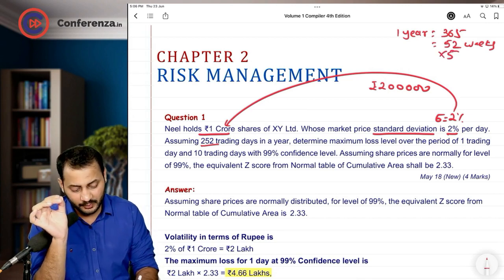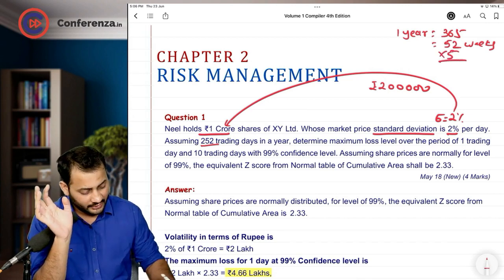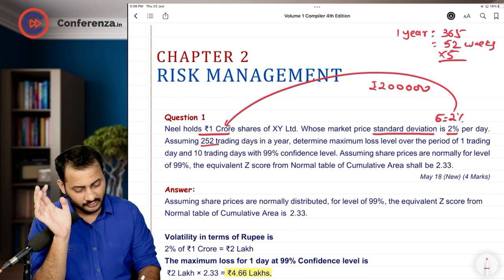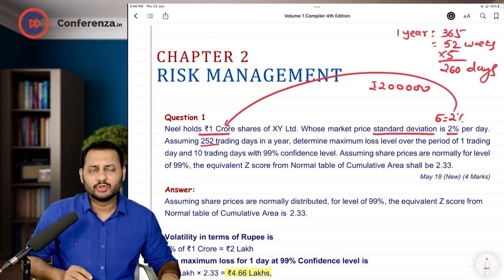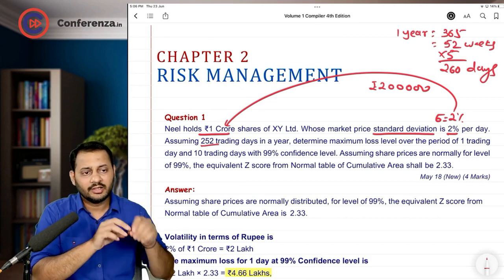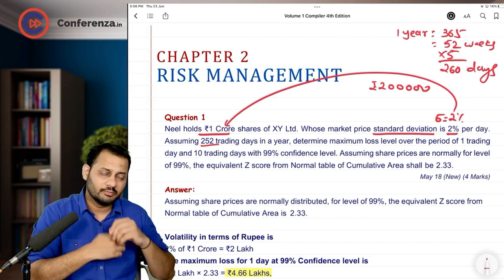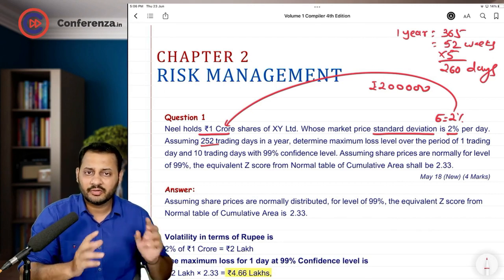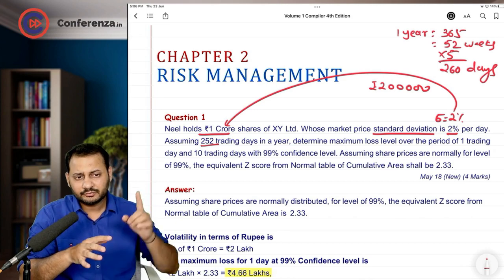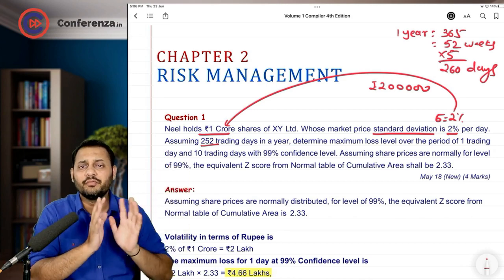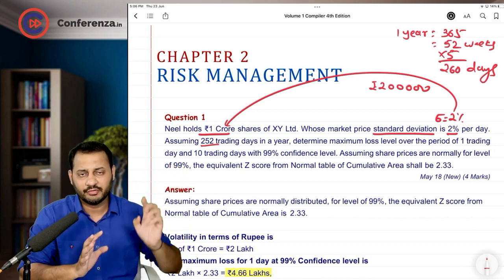So if we multiply 52 into 5, we get the trading sessions, that is 260 days. And out of that 260 days also, if Diwali or some public holiday comes in between Monday to Friday, those days will also be off. So reduce on an average 8 days. From 260 it comes down to 252 trading days.